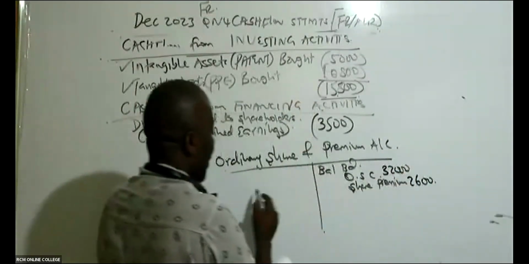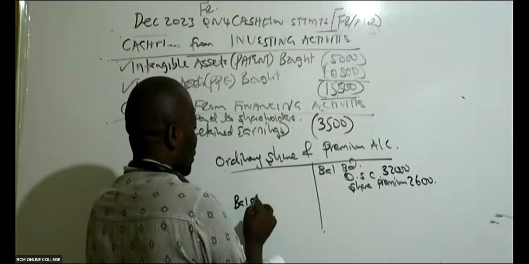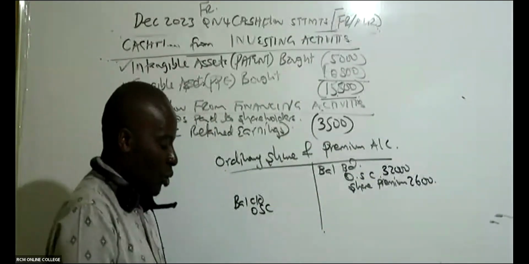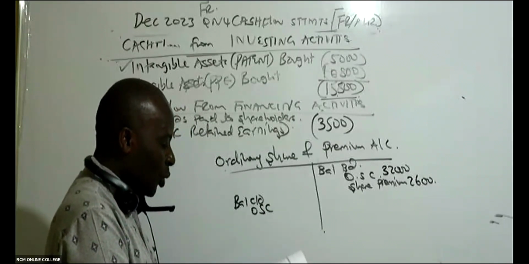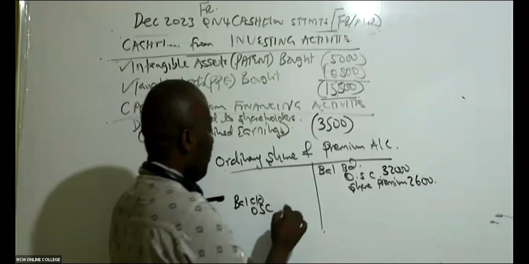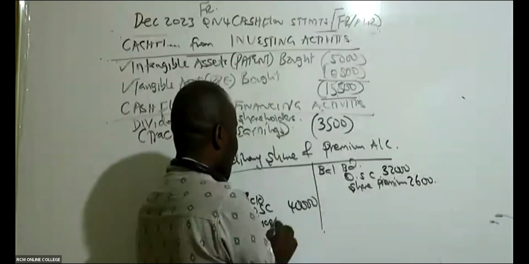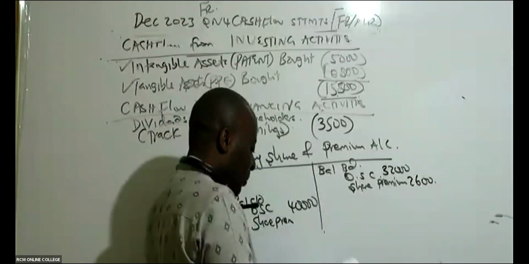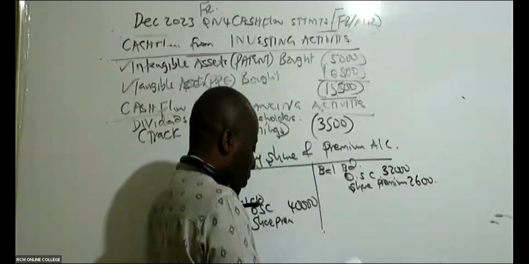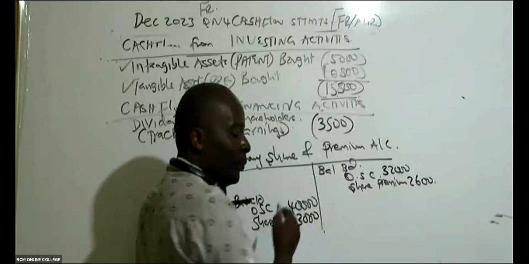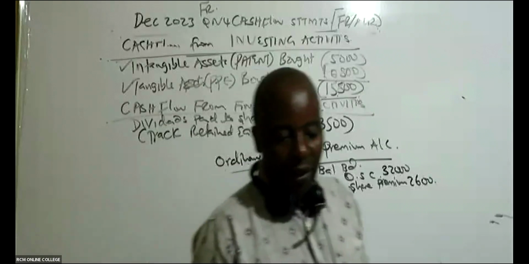And then you bring things down here, carried down. So ordinary share capital carried down, you can see there 2023, it's 40,000. And then we have share premium. What do we have here? We have 3,000. All right.